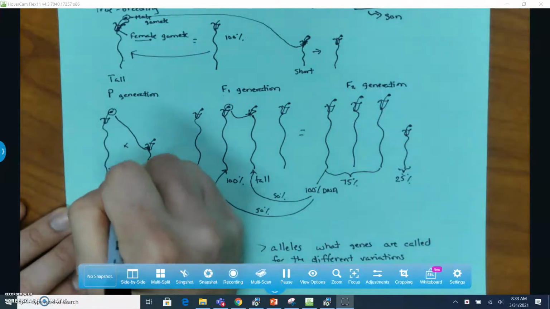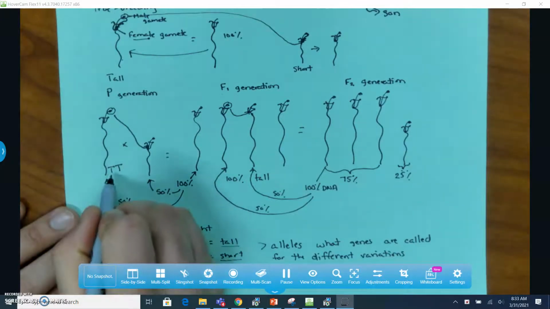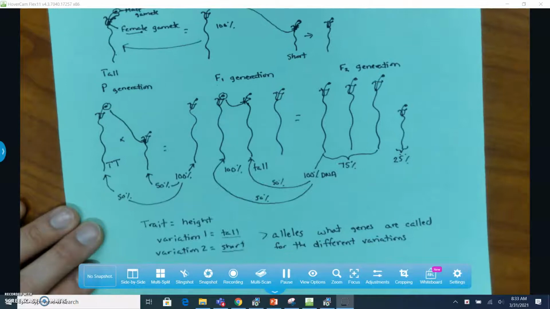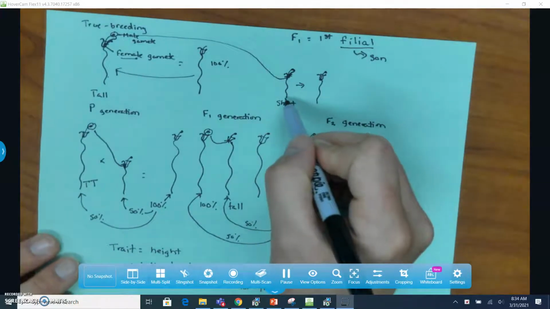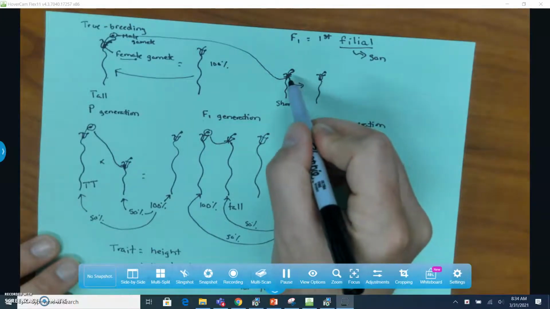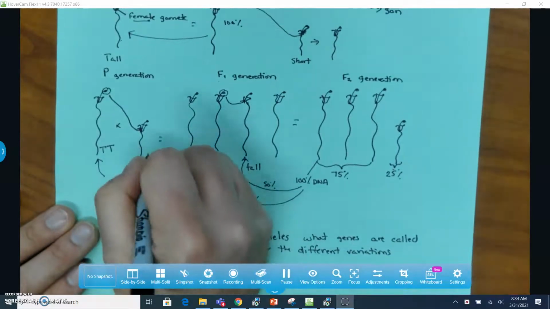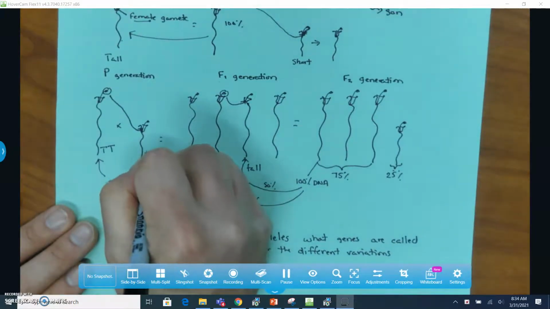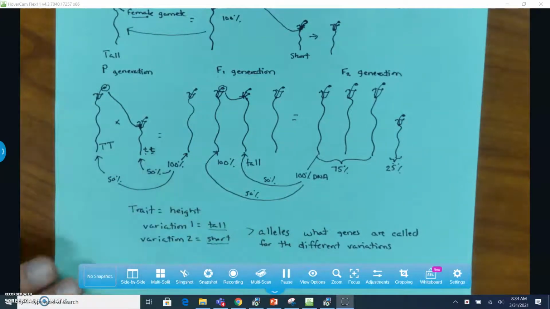He gave that the uppercase T. We'll come back to why he used an uppercase T here shortly. He also realized that the short plants always produce short plants, so the male and the female gamete both had the short allele. He gave those lowercase t's. Had two copies, one from the male gamete, one from the female gamete.